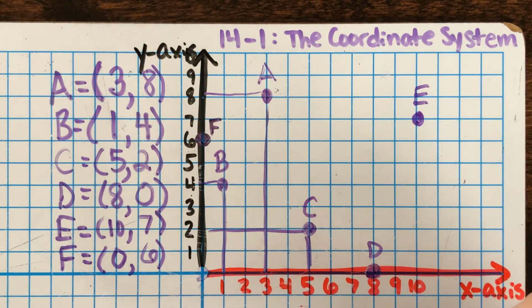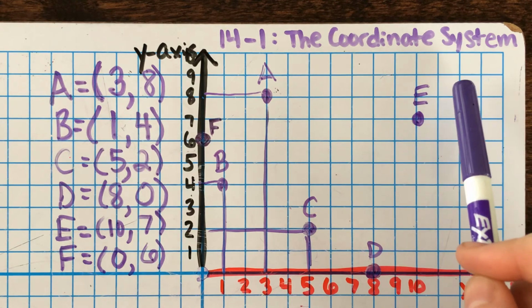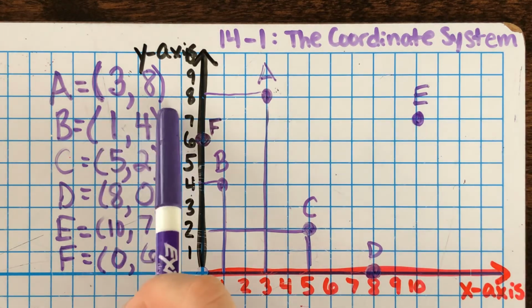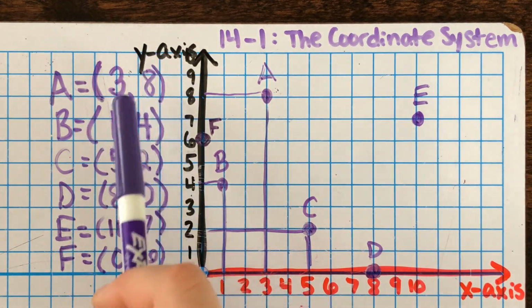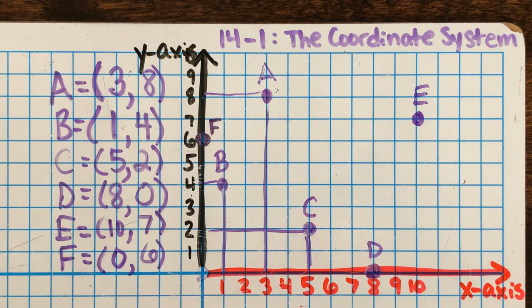So remember, the x coordinate on the horizontal always comes before the y. You always go over before you go up. And make sure when you're plugging it in, you have parentheses and then a comma in between both of your numbers.